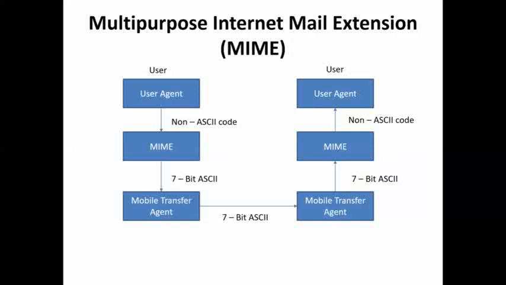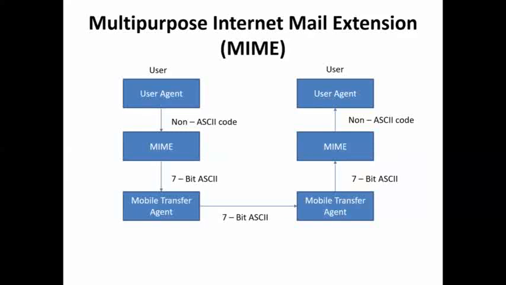For converting into 7-bit ASCII we need MIME. Now I need to send this 7-bit ASCII to the receiver, so that's why I need a mail transfer agent. Through the mail transfer agent I send this 7-bit ASCII to the receiver side.